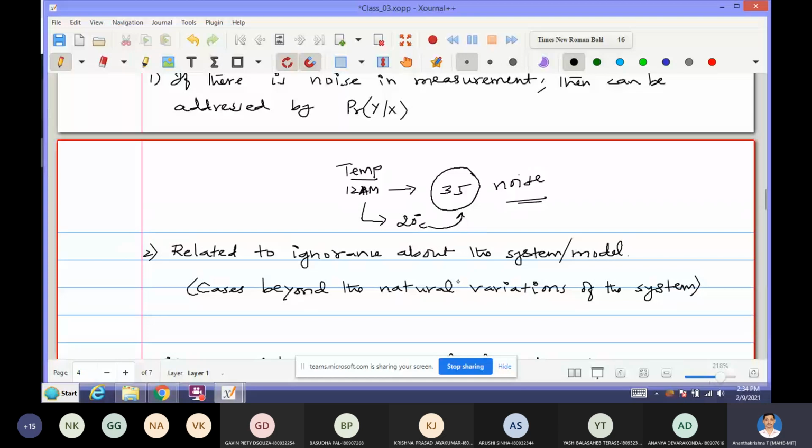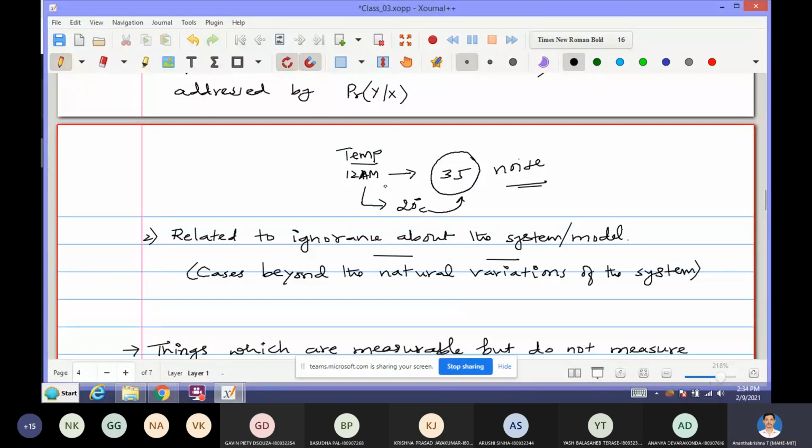Another point is about the lack of knowledge about the system itself, or the ignorance about the system. Suppose in the same case, you have taken the temperature measurement correctly, but the measurement has been done in something like an AC room. You have taken an AC room measurement of a temperature, and it records something like 19 or 15 degrees, whatever.